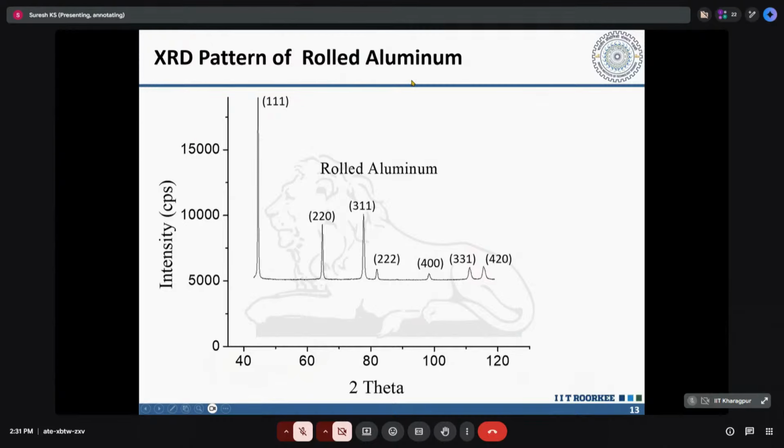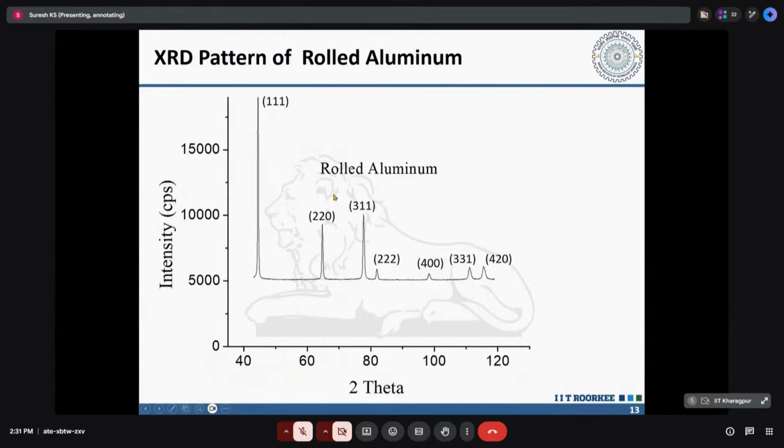In this case, I am showing a rolled aluminum, and you can notice multiple peaks, which are also indexed. To get complete information about the orientations in any sample, it is not sufficient to have only one pole figure. We need more than one pole figure. For a cubic sample, one needs at least 3 different pole figures, initially taken as 111, 220 and 200.